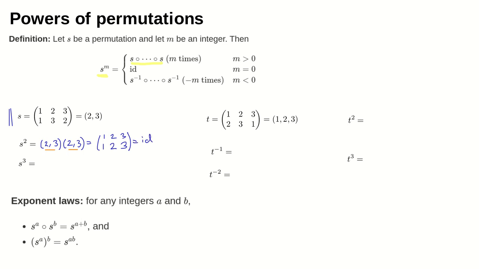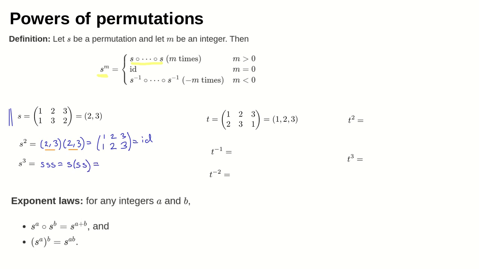And if we want to know s cubed, we could work this out carefully by thinking what is s of s of 1 and s of s of 2, but it's better to step back a bit and think about associativity of composition. So s cubed is s, which I can think of as s composed with s squared.